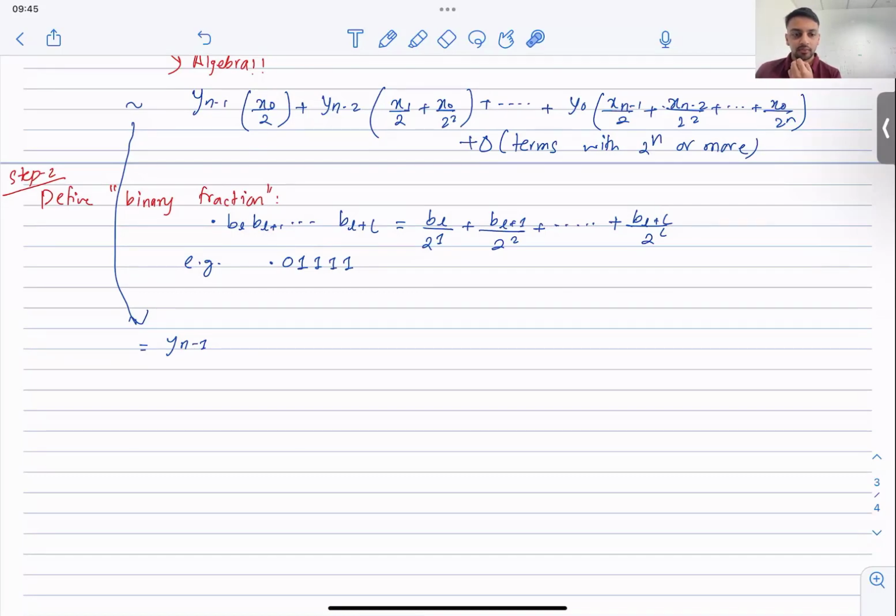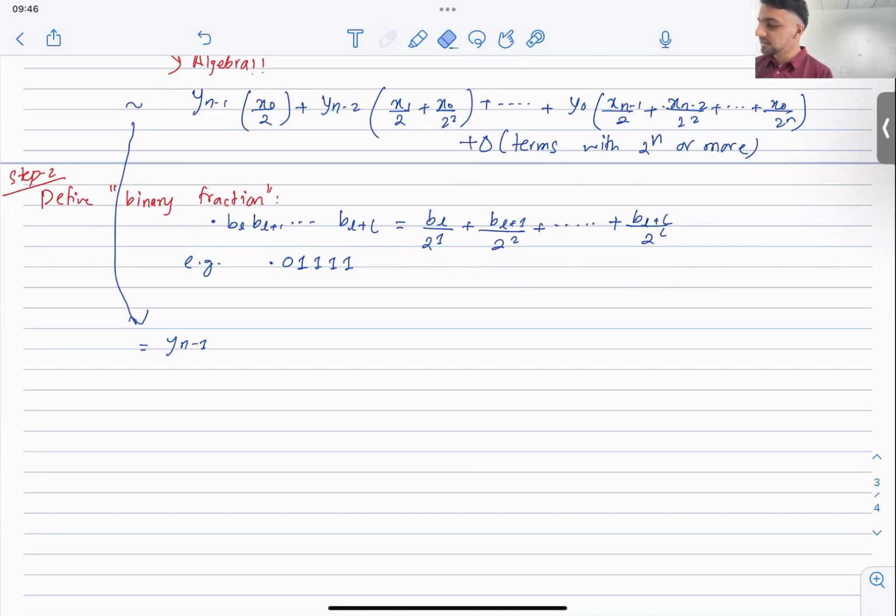Do you mean 0.1? See, half. Remember that I still have x0. I don't know the value of x0, right? So as an example, if BL point BL plus 1 all the way to L plus 1 is defined like this, then what would be x0 over 2, which is on the right side.